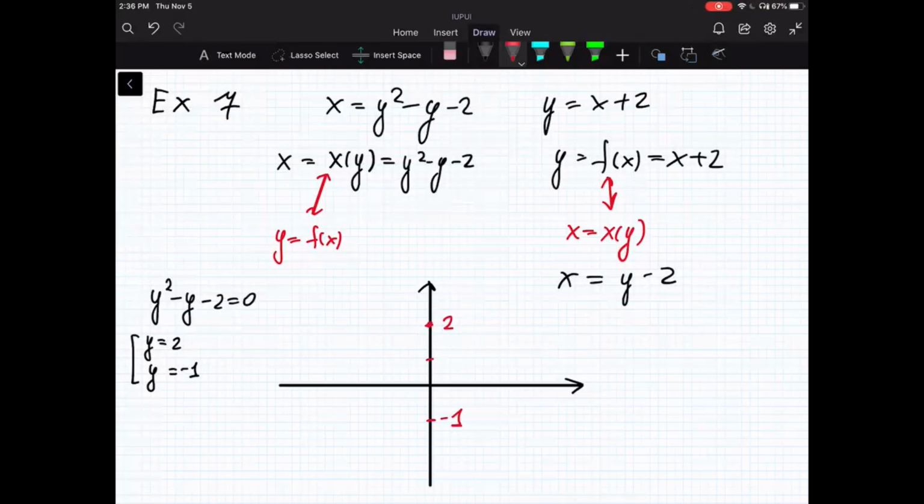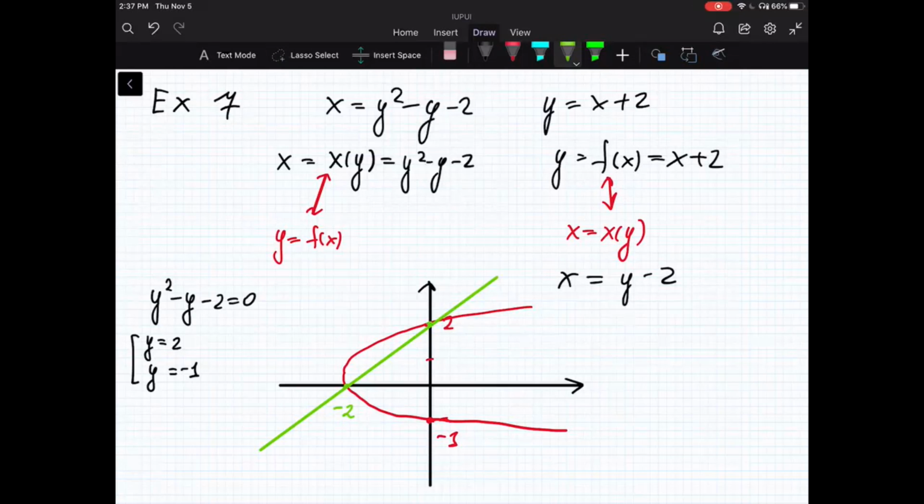And so it will look like this, while the second function y equals x plus 2, or x is equal to y minus 2, is just a straight line, which goes through points 0, 2 and minus 2, 0. In fact, it passes through the same point 0, 2. And I see the bounded region, which is this one, between two curves.